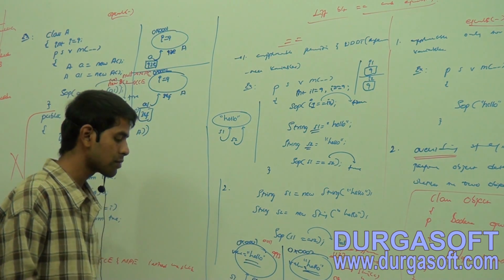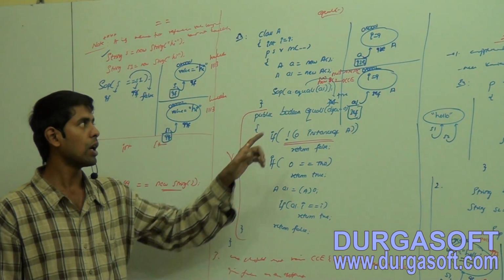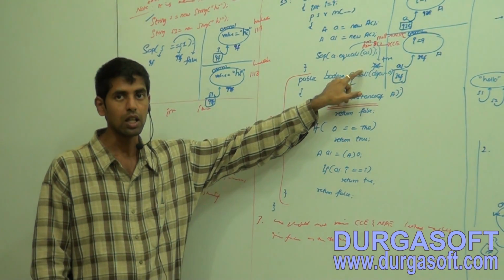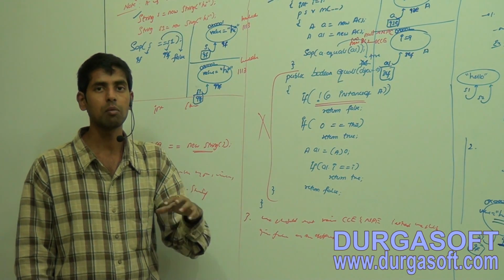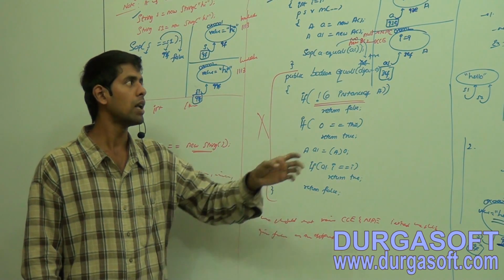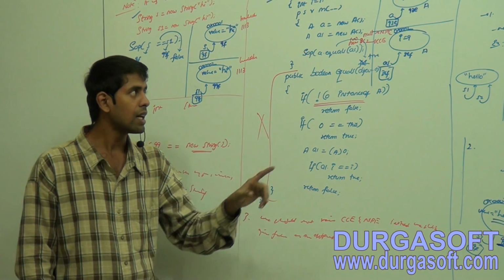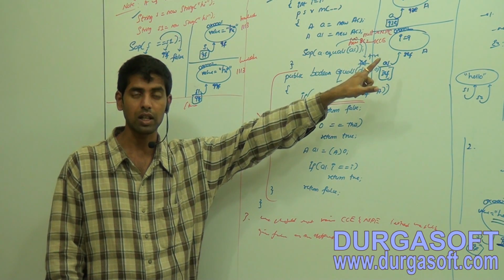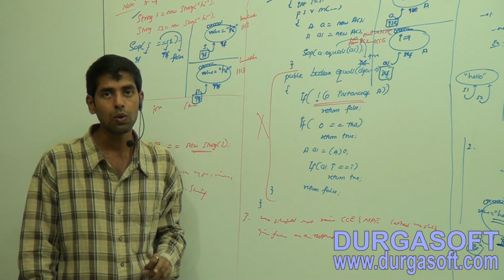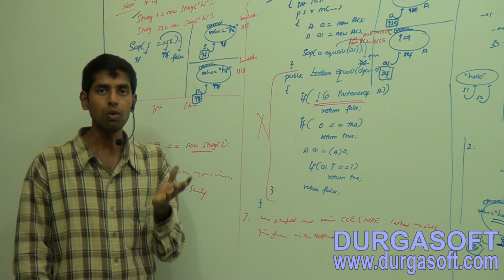Now what's the next thing we have seen? If you are passing as an argument any other type, or if you are passing a null value as an argument to the equals method, you should not raise a ClassCastException and you should not raise a NullPointerException. Instead, you have to give false.